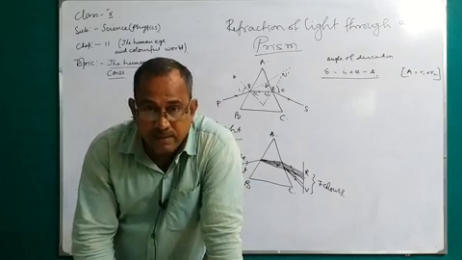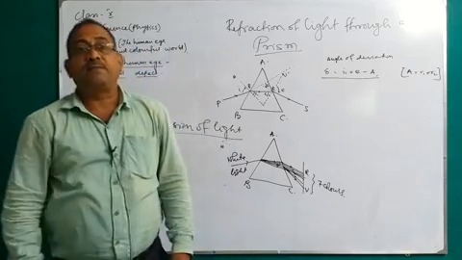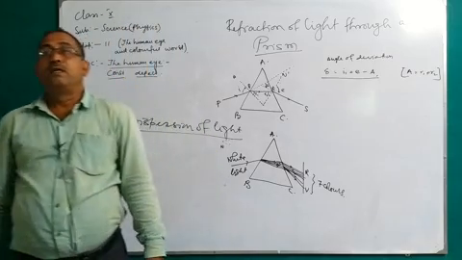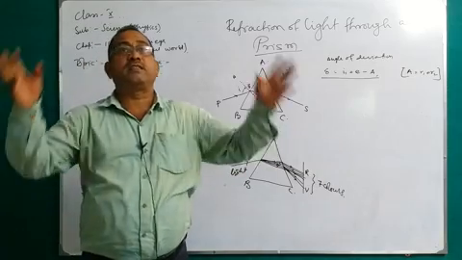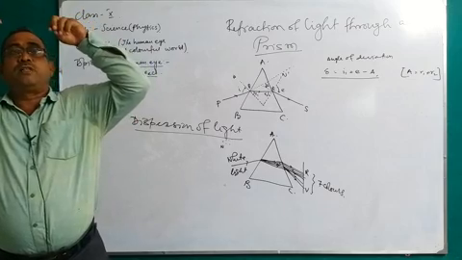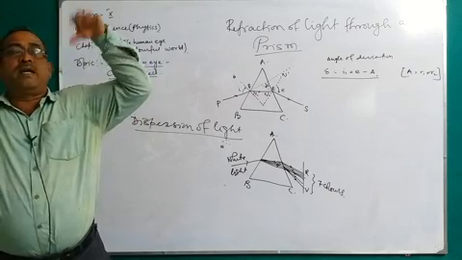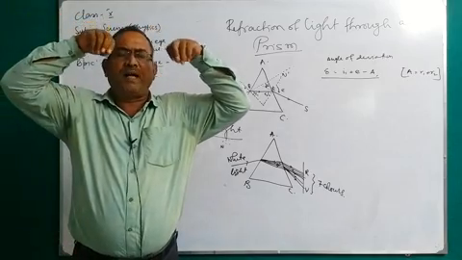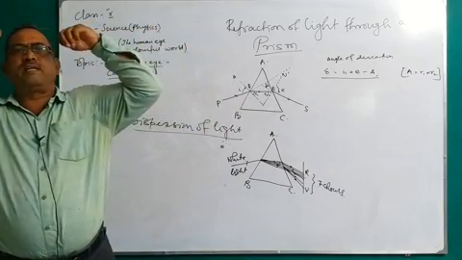And scattering of light. This is a vital point. We see the color of the sky is blue. Why is it so? Because in our atmosphere so many dust particles are there, very, very small.